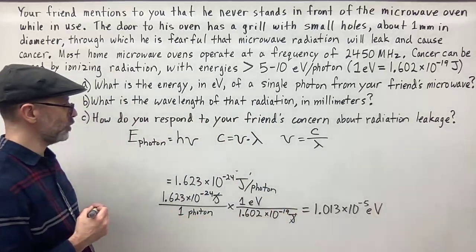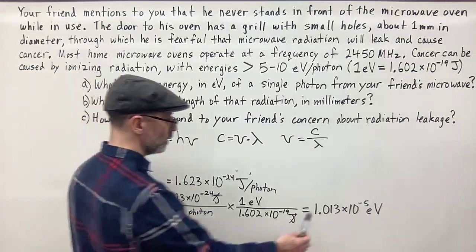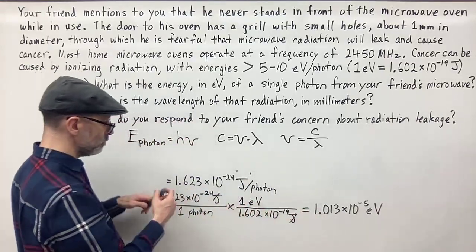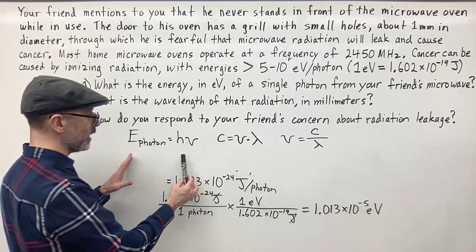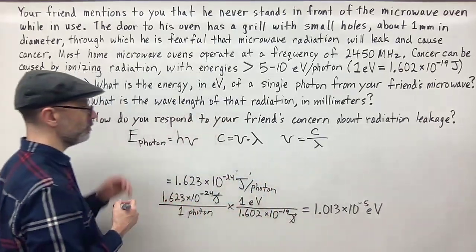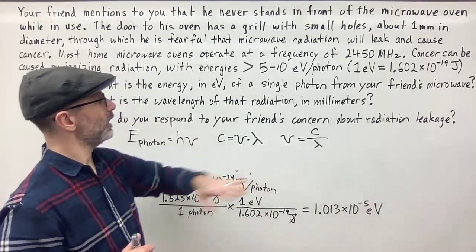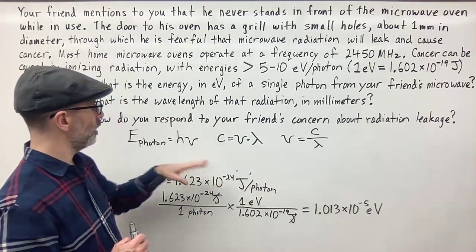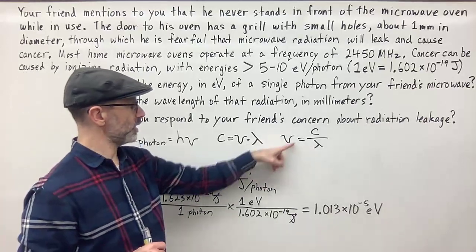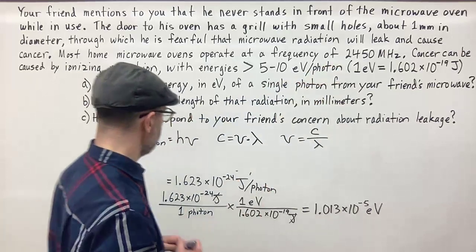And then what I can do is plug in everything in here and solve for the wavelength, right? Or what I could have done is go back to the frequency. I calculated the frequency in per seconds.